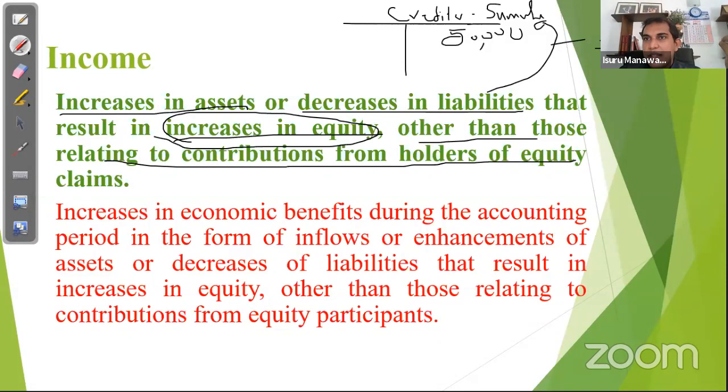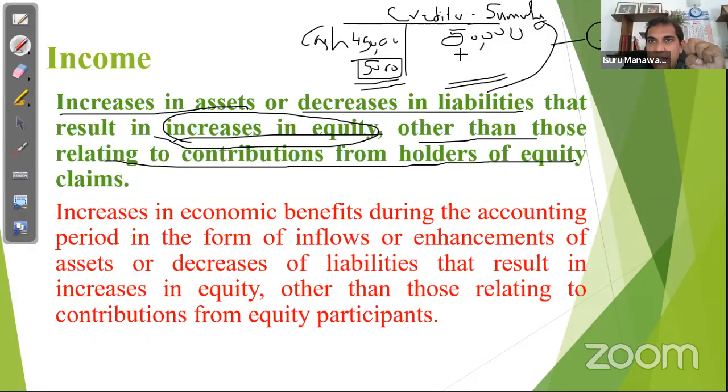If we accept that offer, how much should Arali entity pay to Sumudu? We should pay 45,000. Cash credit, creditor debit. Now, what is this balance of 5,000? We need to debit this side because now we don't have a creditor, we don't have a liability.